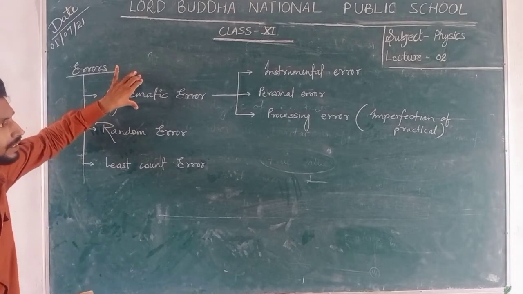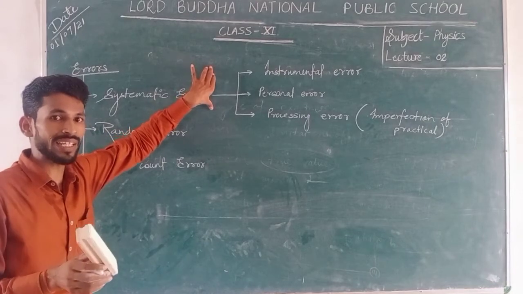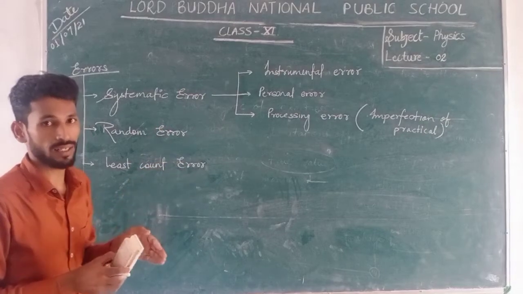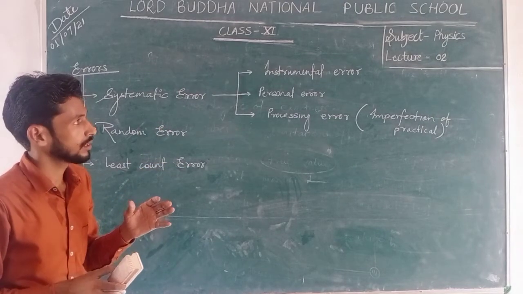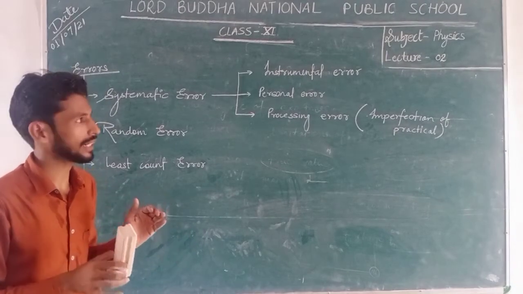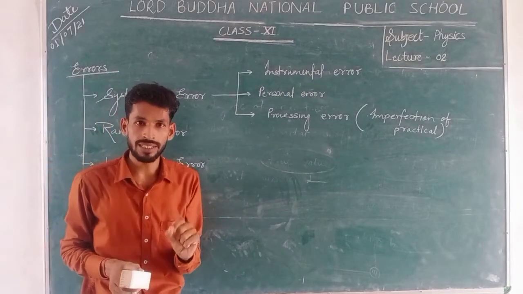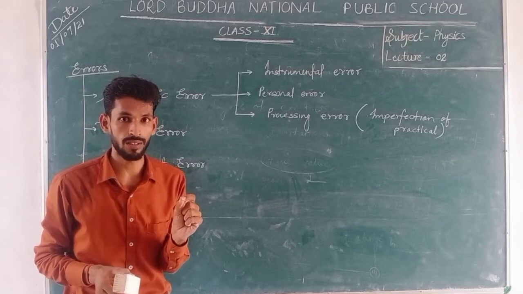Systematic error is an error that can be removed, or easily we can say that we can minimize that error. But errors cannot be minimized to exactly zero, because some error will be present in any measuring process or measurement.